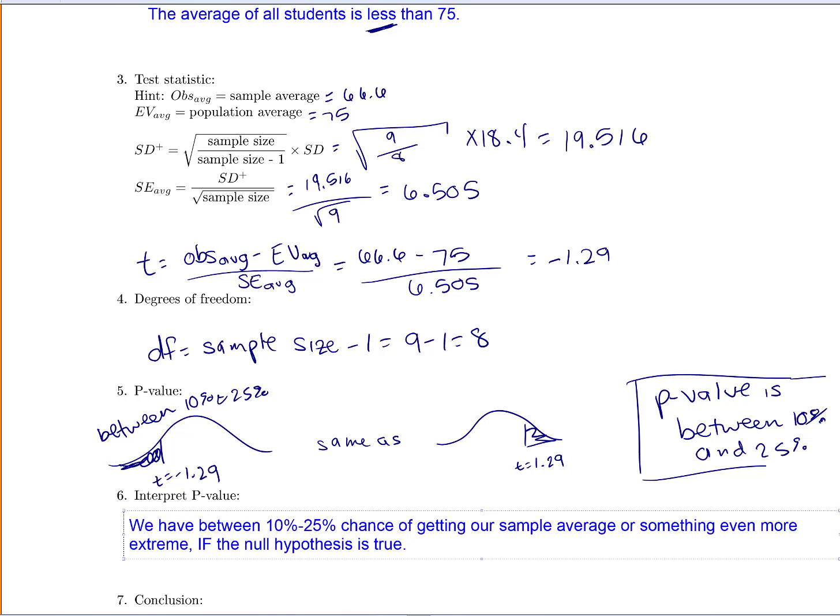Sometimes I say our sample average of 66.6 if the population average is 75, and sometimes I don't. That's because on the exam, the person might write it with our actual numbers, or write it in a more general format. You need to be okay with either one.